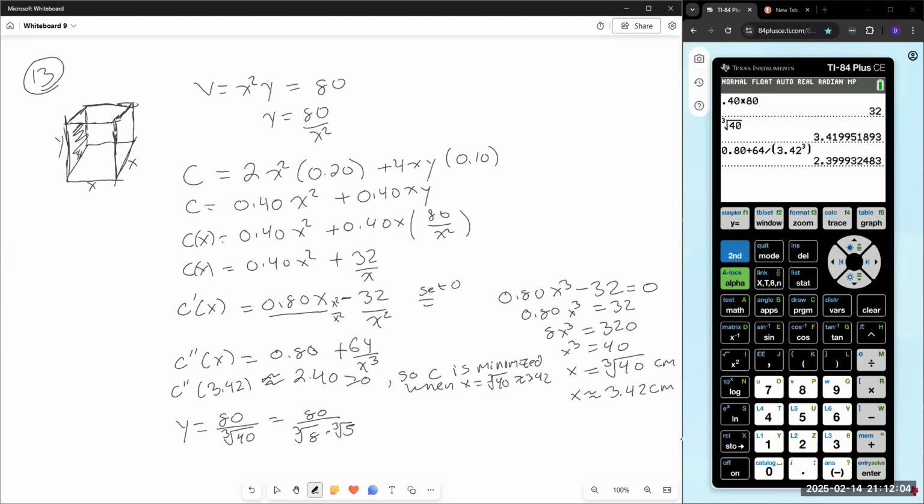The cube root of 8 is 2. 2 goes into 80 40 times. It's exactly 40 over the cube root of 5. And I could rationalize that by multiplying by the cube root of 25 over the cube root of 25.